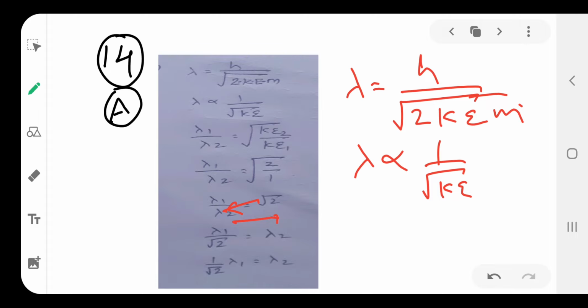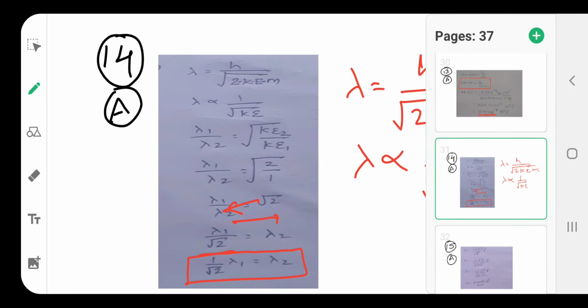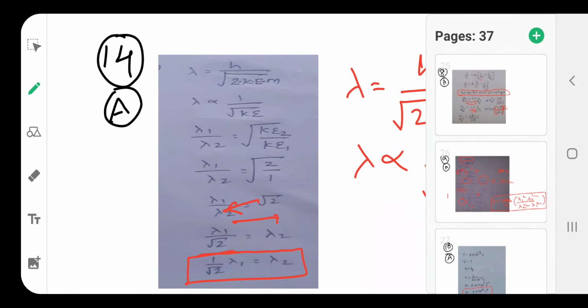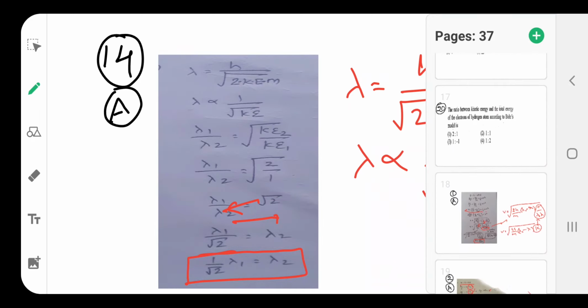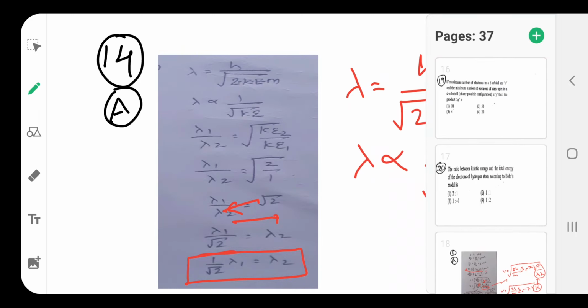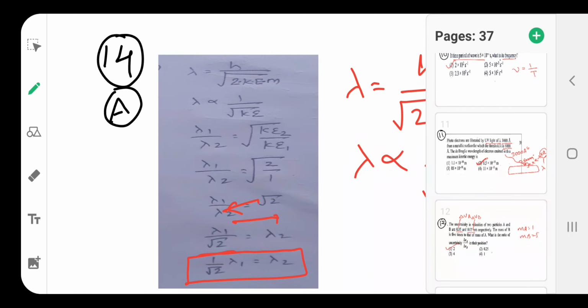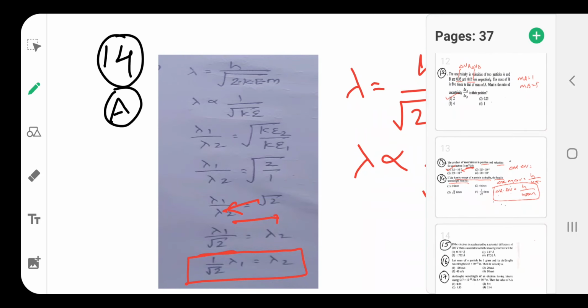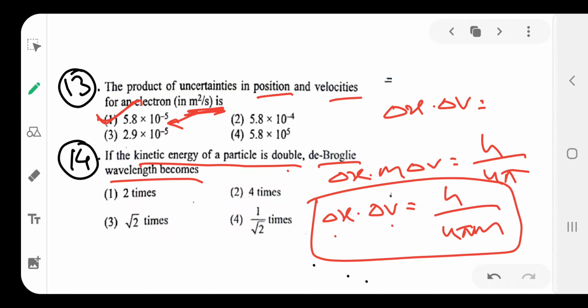It can be written as 1 by root 2 into lambda 1 equal to lambda 2. Your wavelength, how much does it change? 1 by root 2 times. Then the answer for question number 14 is 1 by root 2 times. The wavelength will change to 1 by root 2 times.